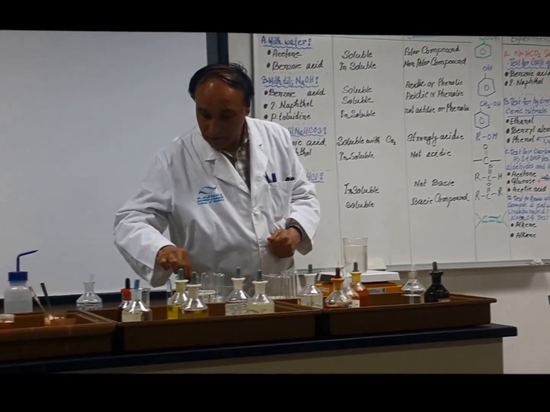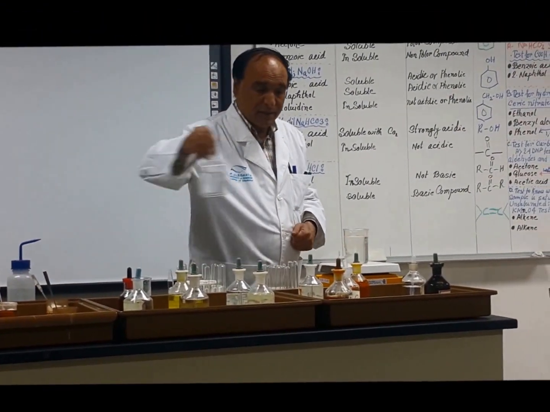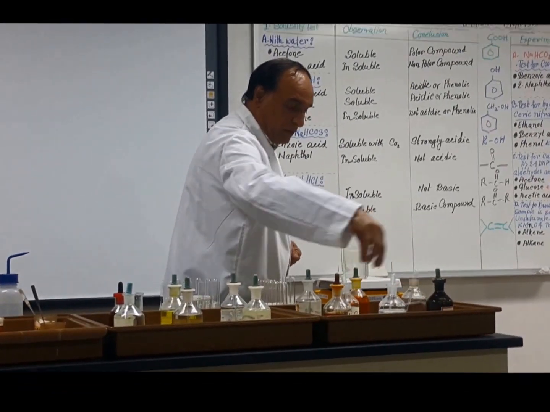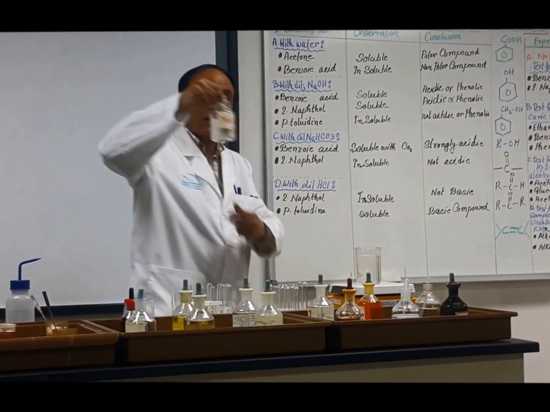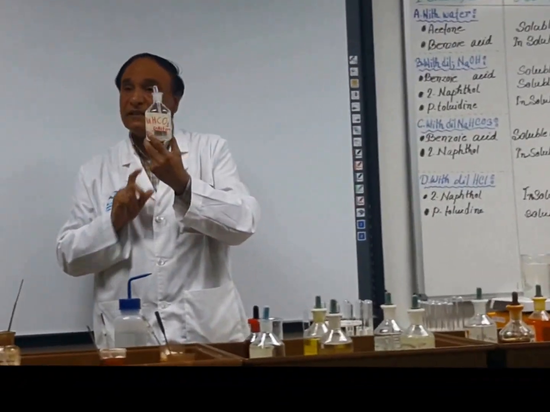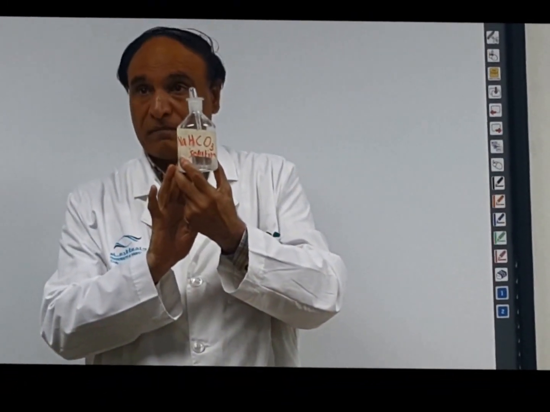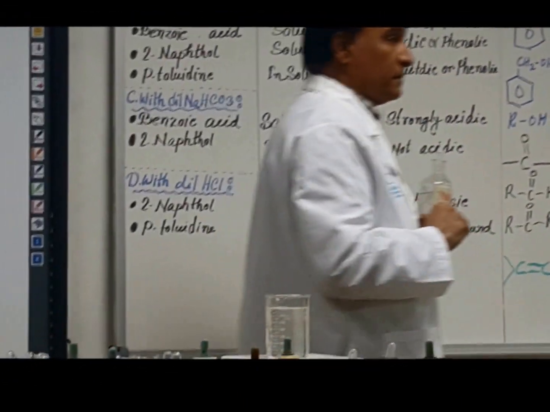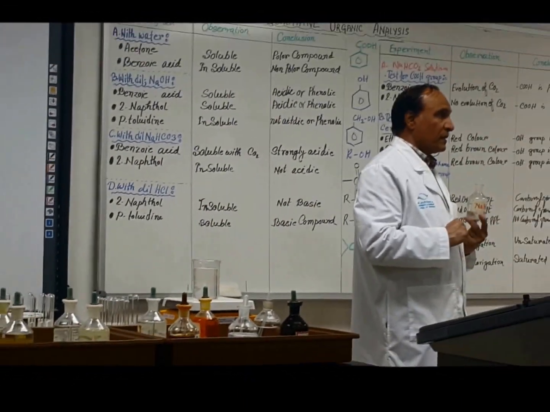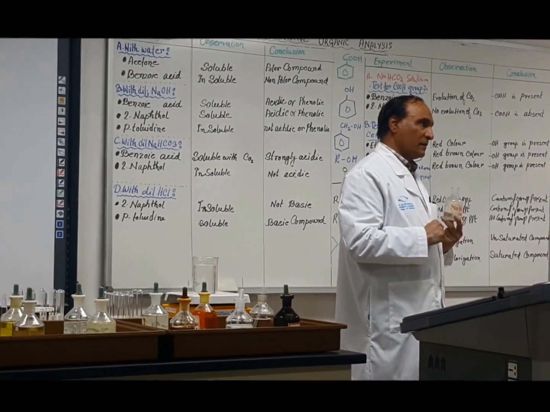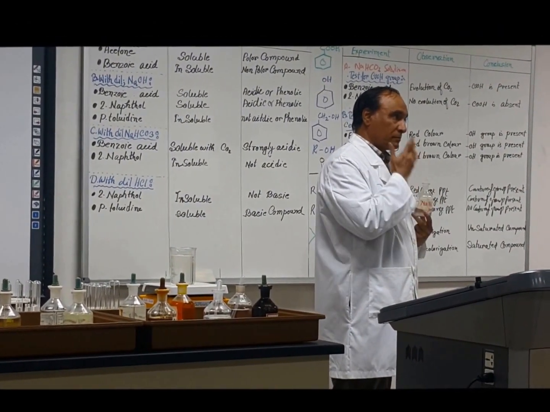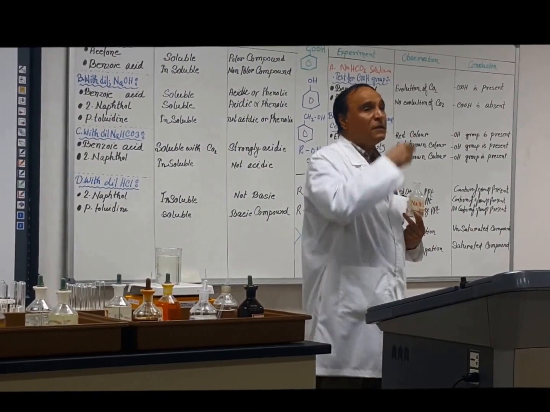Okay, now to check that something is a strong acid, like a carboxylic acid, we take sodium hydrogen carbonate. I told you it's a very important reagent. If someone asks you what is the test of an acid, remember that a base doesn't dissolve a base. But we also have the principle like dissolves like.